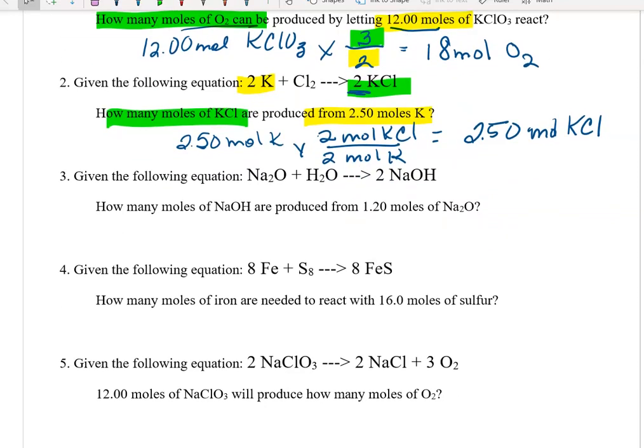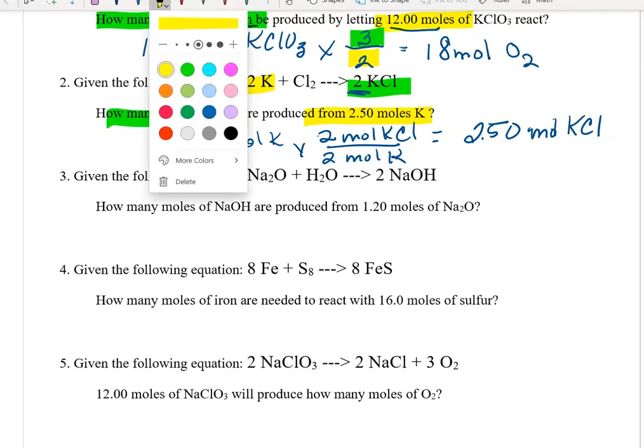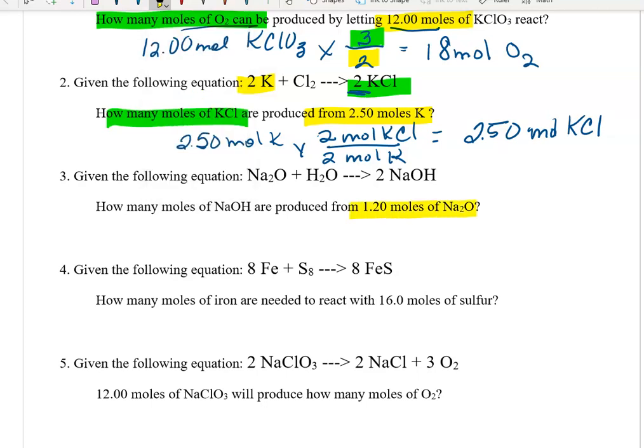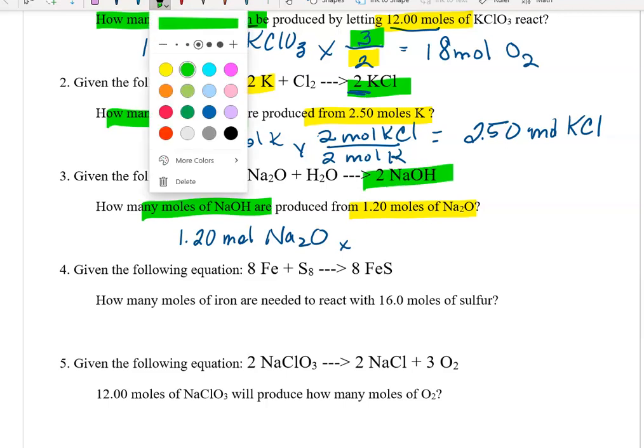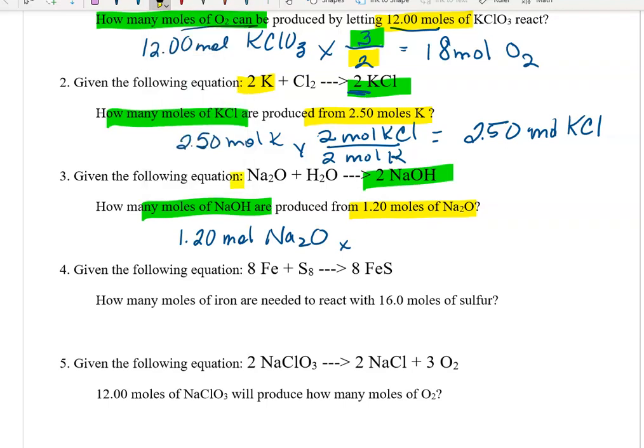The next one, our known amount is 1.20 moles of sodium oxide. Our unknown amount is moles of sodium hydroxide. So first we start with our known amount, 1.20 moles of sodium oxide, and I multiply by the ratio, unknown moles on top of known moles.